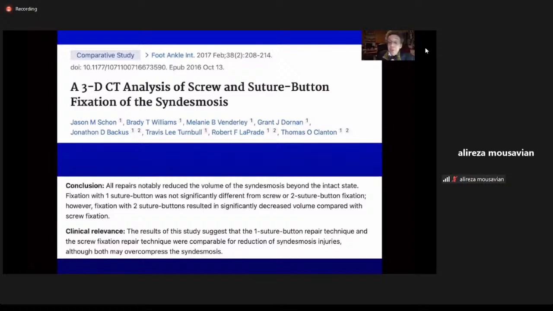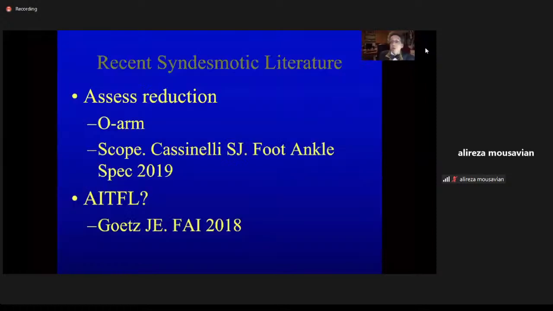I had nothing to do with this paper, but it basically showed that the one suture button repair technique was as good as screw fixation, but that two were significantly better at decreasing the volume of the syndesmosis. So placing two suture buttons in a divergent fashion can be more helpful.